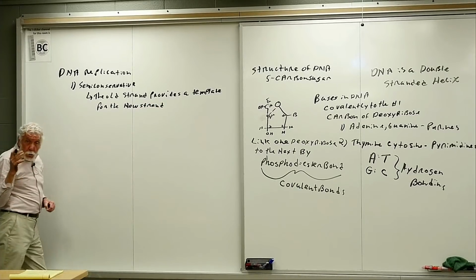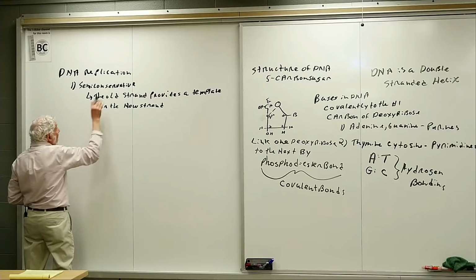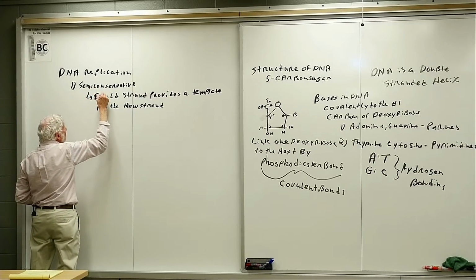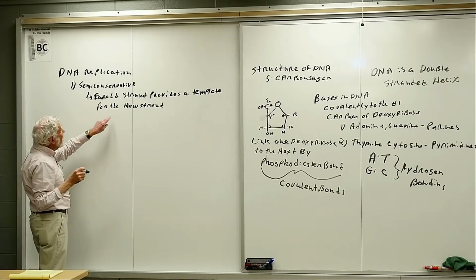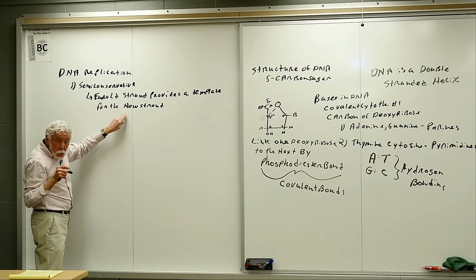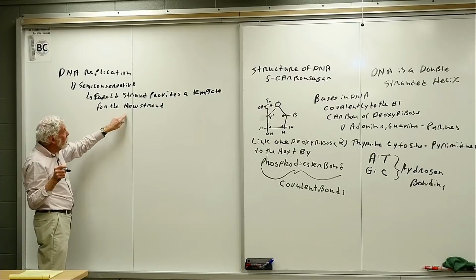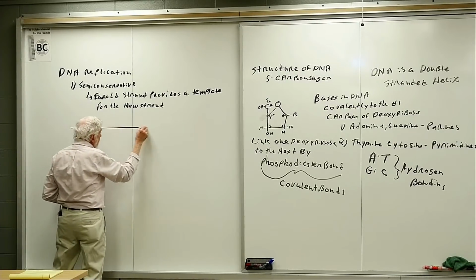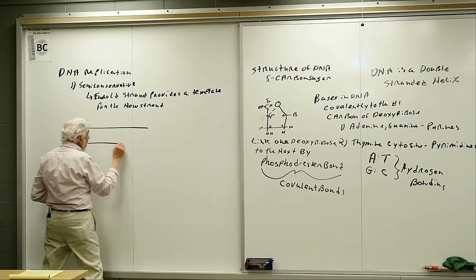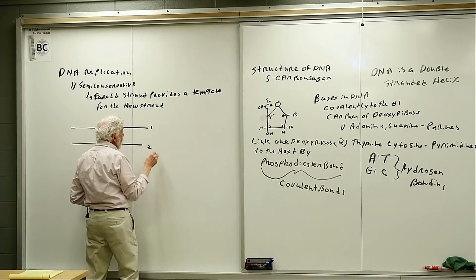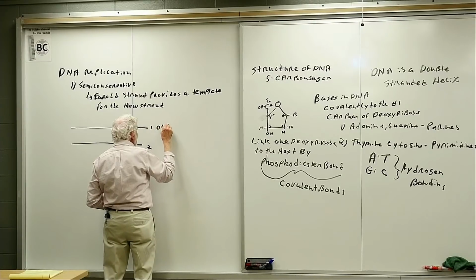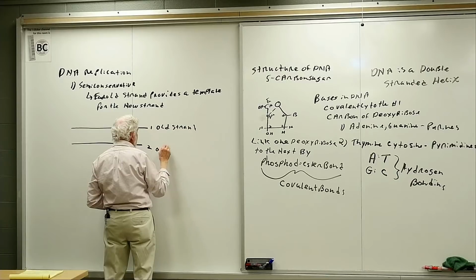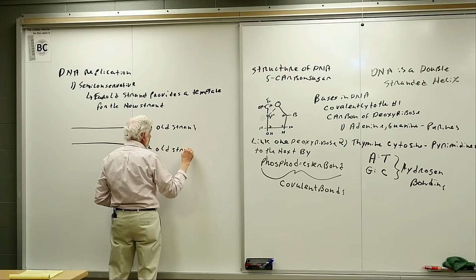Since there are always 2 strands in a DNA molecule, it's probably more appropriate to say each old strand provides a template for the newly synthesized strand. And I'll just draw these as 2 lines and number these as 1 and 2. So this is the old strand, and this is the old strand.